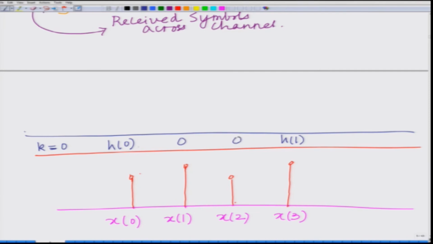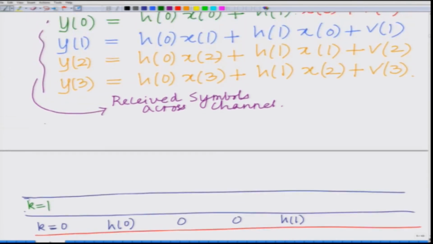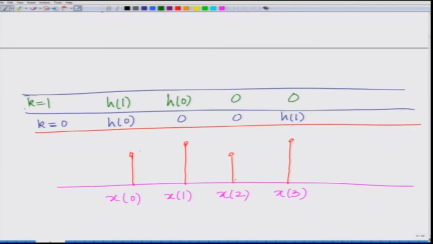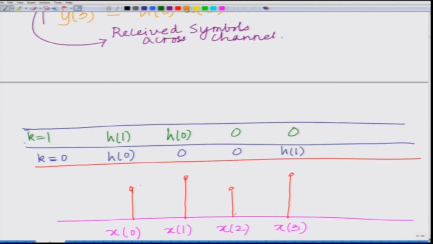So, what I get is h0 times x0 plus h1 times x3, that is the effect of the channel on the symbols. Now, let us again look at time k equal to 1. At time k equal to 1, I have h0 times x1 plus h1 times x0, plus 0 times x2 plus 0 times x3. I can also include x2, x3 by simply putting zeros, correct.